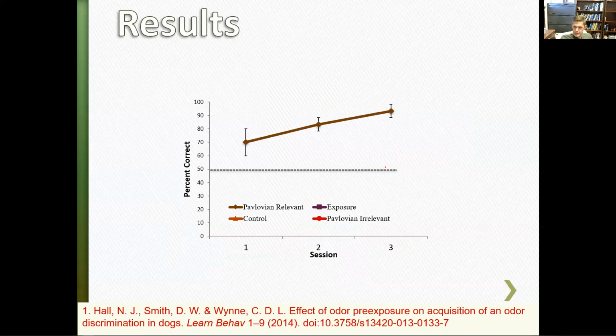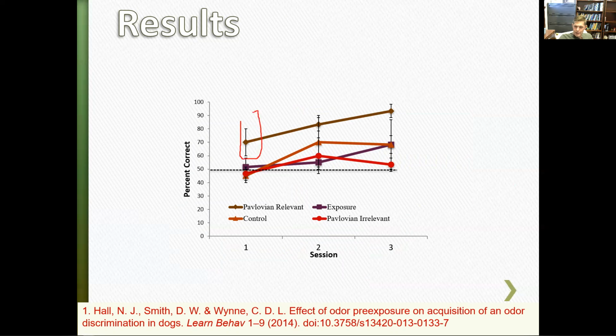What did we find? So this is the Pavlovian relevant group. This is our exposure control, our control, and our Pavlovian irrelevant. So basically giving the dogs just a few days of Pavlovian conditioning beforehand started them off better than all of the other dogs and had them end significantly better than all of the other dogs, such that the dogs were generally pretty well trained, essentially reaching 90% accuracy by the end of 3 days, where none of the other groups were reaching that level.